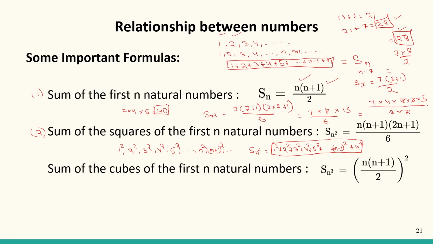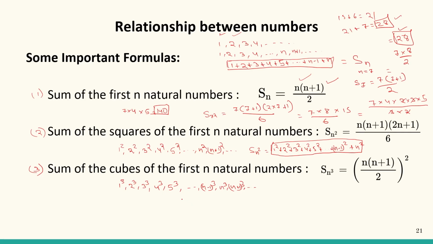We can also manually add and verify the same method. So the third important formula is the sum of the cubes of the first n natural numbers. So we have the sequence 1 cube, 2 cube, 3 cube, 4 cube, 5 cube, n minus 1 cube, n cube, n plus 1 cube, and so on.